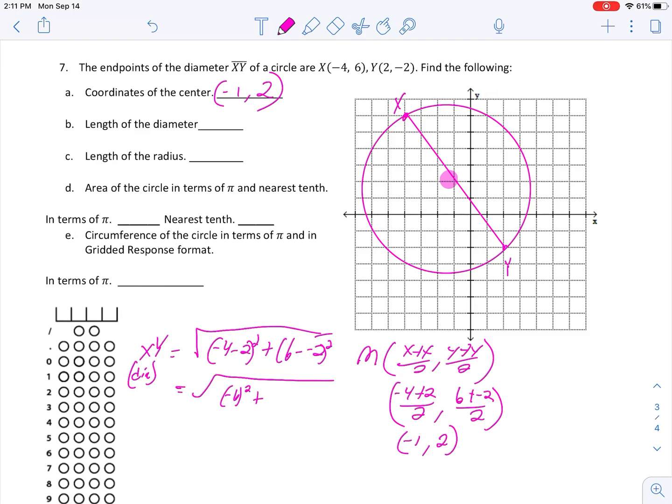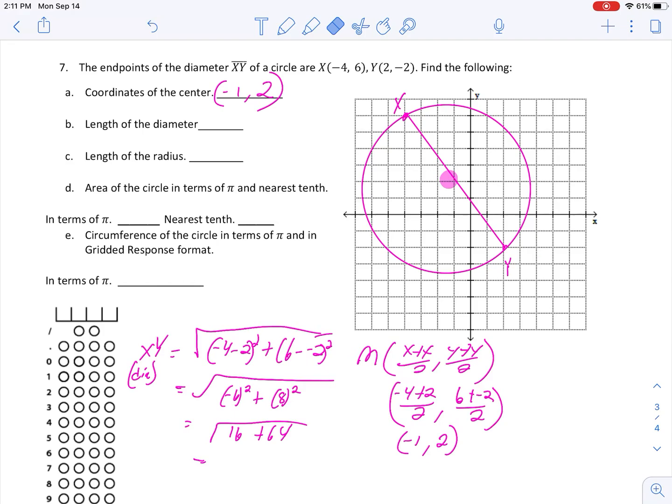Watch your arithmetic. Negative 4 minus 2 is negative 6 squared. 6 minus negative 2 is 8 squared. 16 plus 64. And 16 plus 64 is 80.